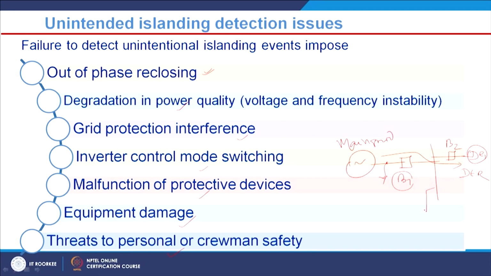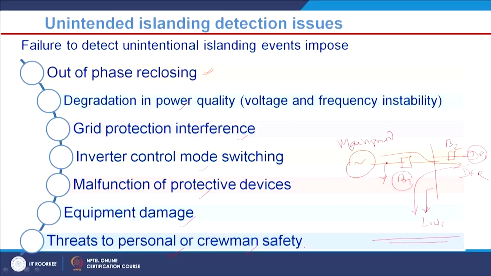Let us say a few loads are here, and those loads are the utility side loads or main grid side loads, and these loads will get supply with the help of the DG present inside my microgrid system. This is a very simple schematic diagram I have shown here to explain how these threats to the personnel or crewman occur due to this particular islanding of the microgrid system.